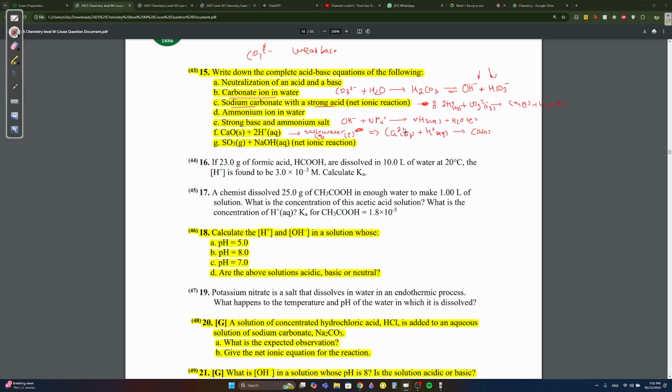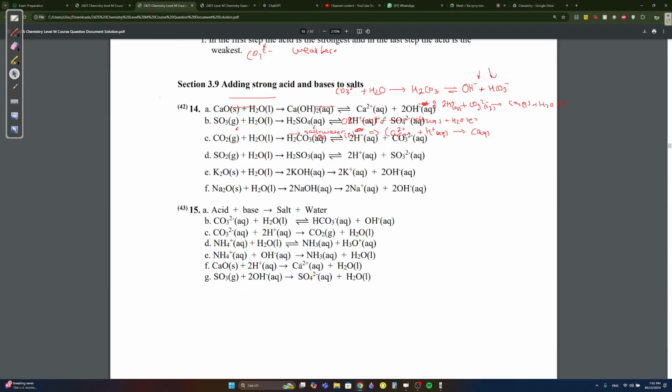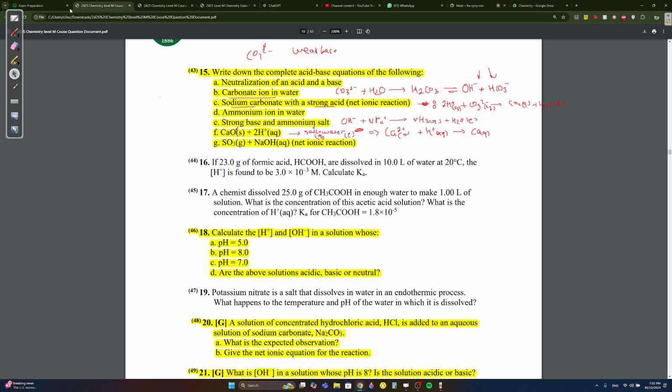Oh no, I mixed them up. It should be solid here and aqueous there, because it was solid in the reactants and became aqueous in the products. Never mind, guys. Let me scratch all of this.